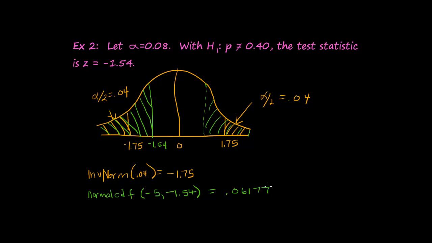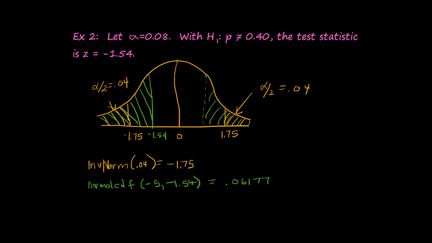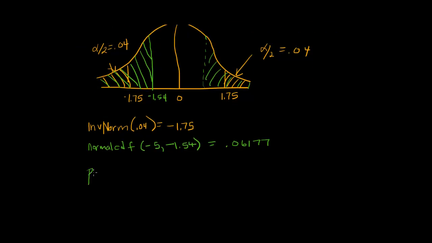Now I know I'm going to be rounding my final result to 4 decimal places, so I'm purposely taking this out to 5. Okay, so in order to find the p-value associated with this test statistic, I have to double the area that I found. And now is when the rounding to 4 decimal places takes place.